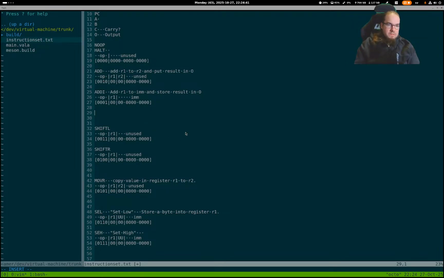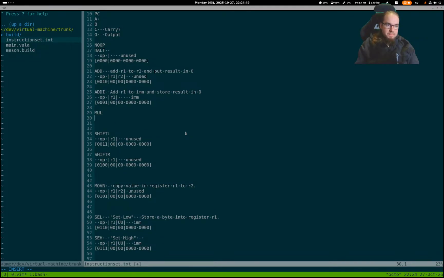We can just add mul. Op, R1, R2, and unused.